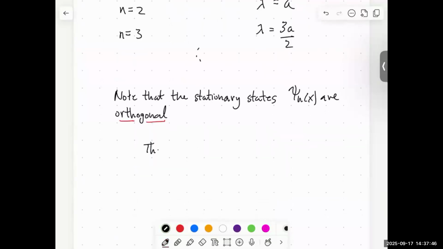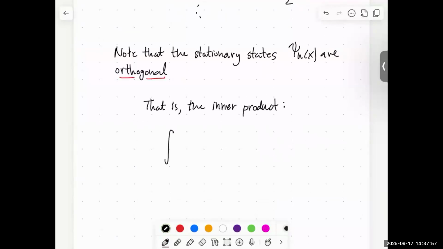So that is the inner product. Inner product is just a fancy term for this integral where you take one of the stationary states, say the mth state, and we'll take its conjugate, and then we'll multiply it by the nth stationary state, and we'll integrate over our domain.